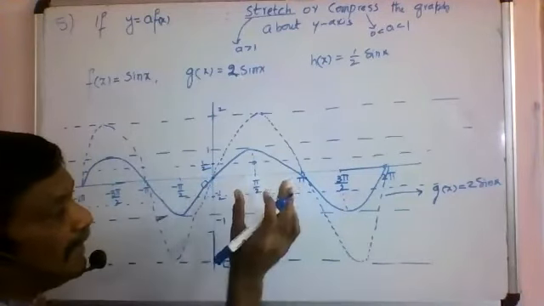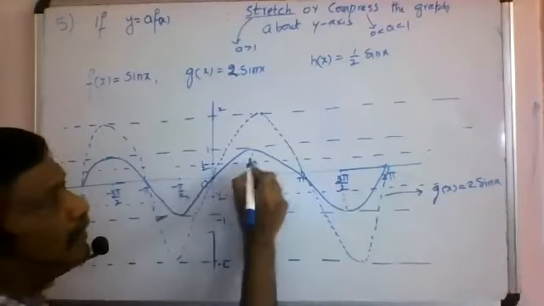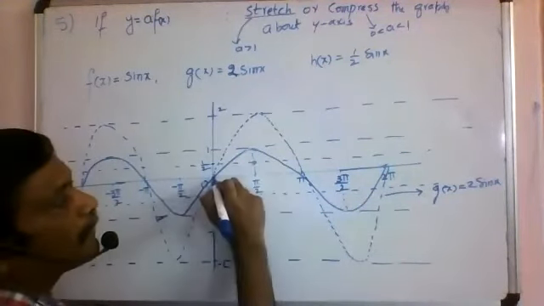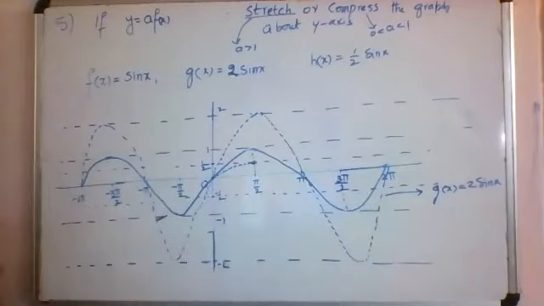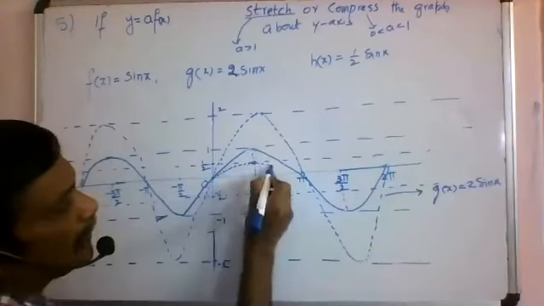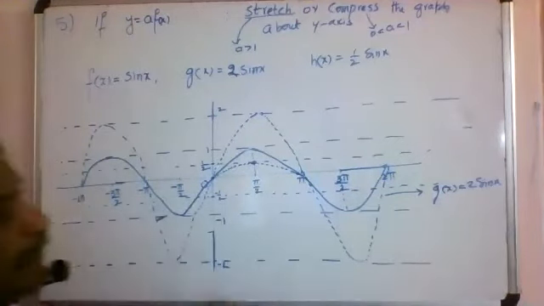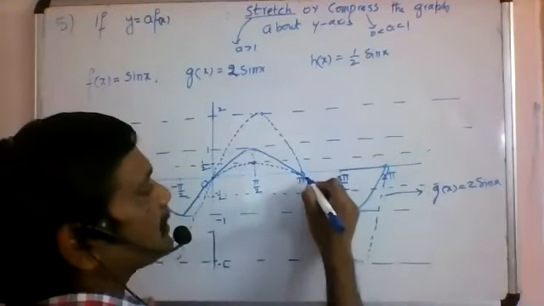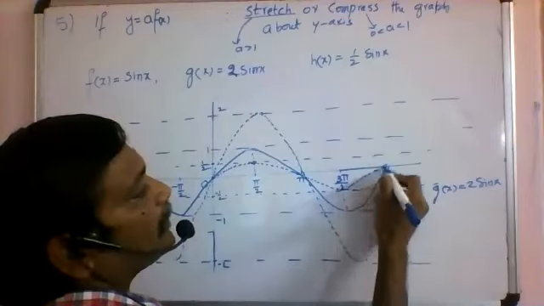But the changes happen only at maximum and minimum. So instead of 1, you have to take it at half. And when it comes to pi, it becomes 0 only. Again at 3 pi by 2, it should reach minus half. Now at 2 pi, 0.